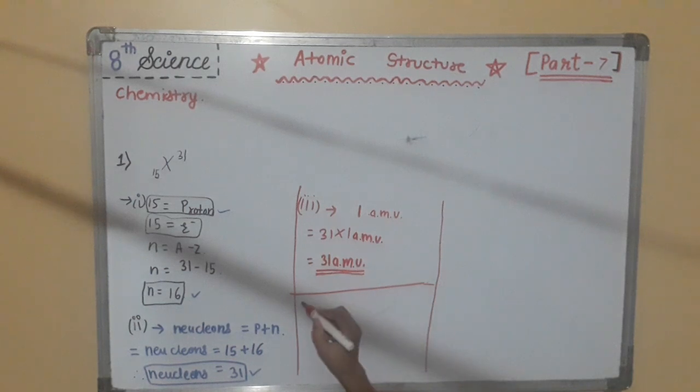Now the fourth question. What is the mass of the total number of electrons? We have to find the mass of the total number of electrons. Total mass of electrons is equal to total number of electrons into mass of each electron. So 15 into 9.1 into 10 raised to minus 28 gram.